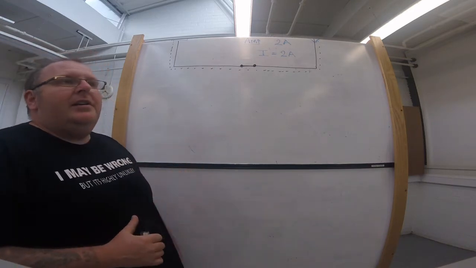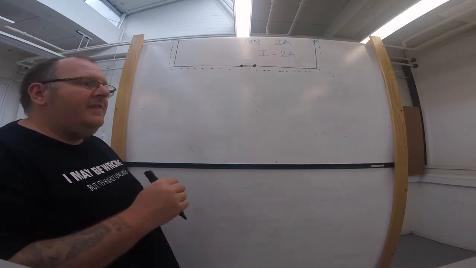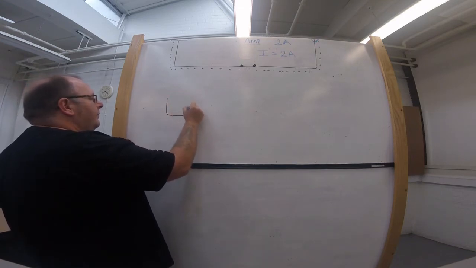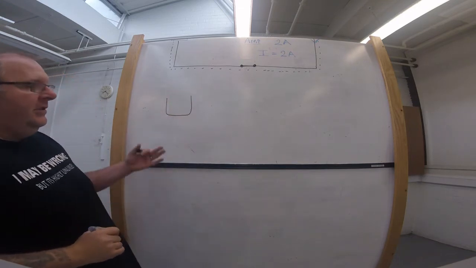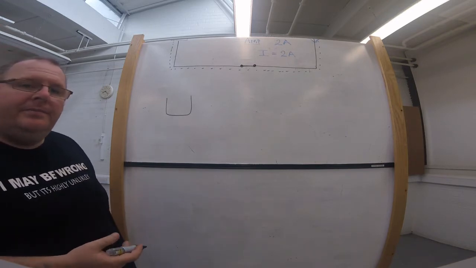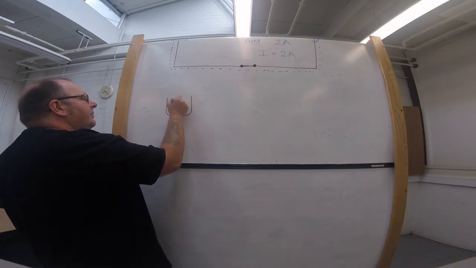Let's imagine you have a small jar, and in that jar, this is the jar, we can put so many electrons. And I'll draw them in, just as spots.